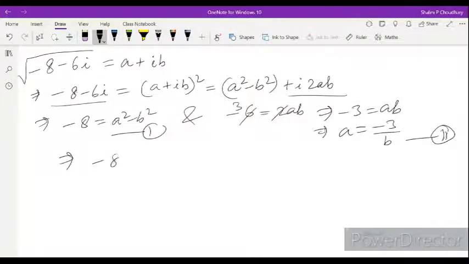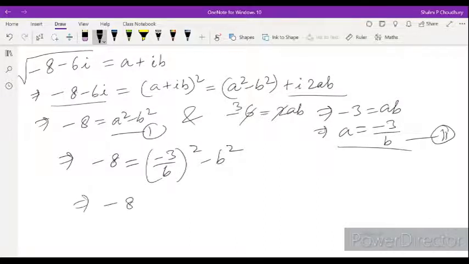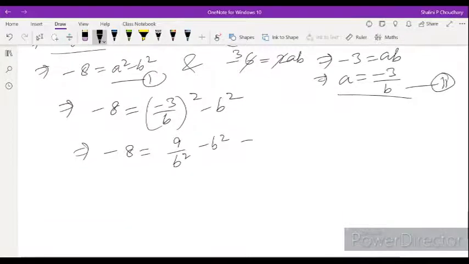So what we'll get? -8 equals a square. So we'll put the value of a, (-3 upon b) whole square, minus b square. So that will be -8 equals 9 upon b square minus b square. So now -8b square will be equal to 9 minus b to the power 4.